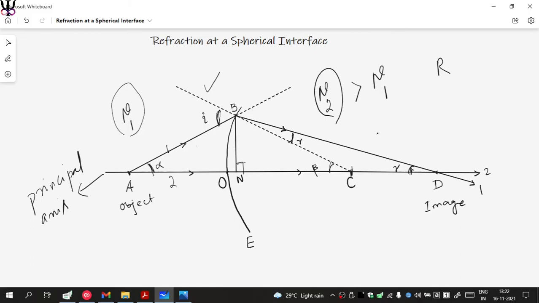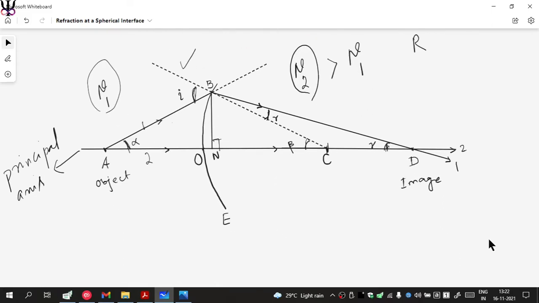Now we are going to use this first approximation, which is all angles are small when expressed in radians. So how many angles do we have? Alpha, beta, gamma, angle of incidence I, and angle of refraction R. They all tend to 0 radians. Not exactly 0, but very close to 0 in radians.